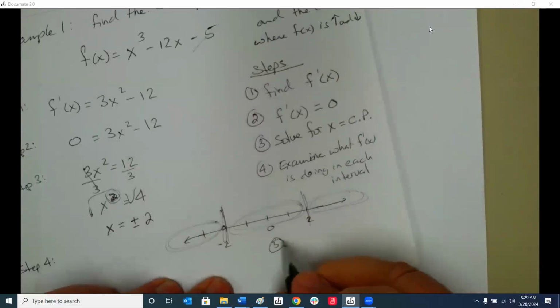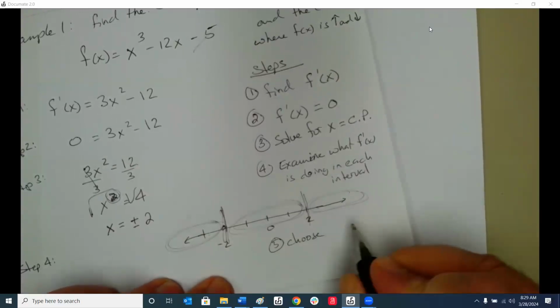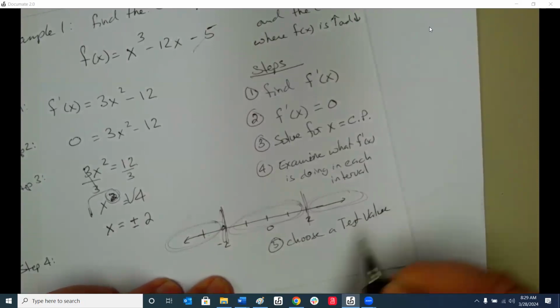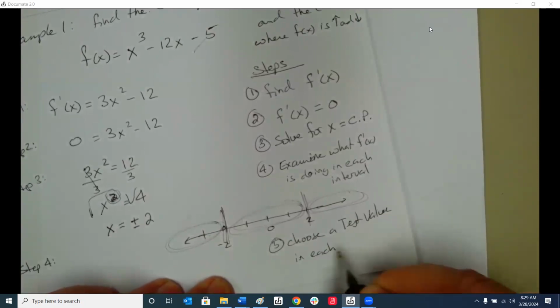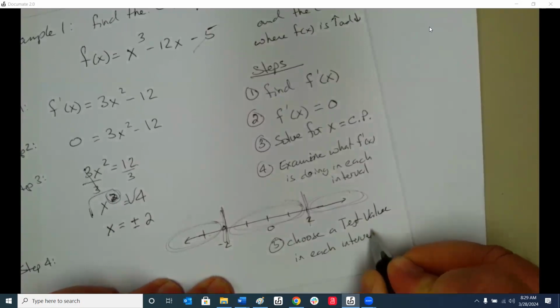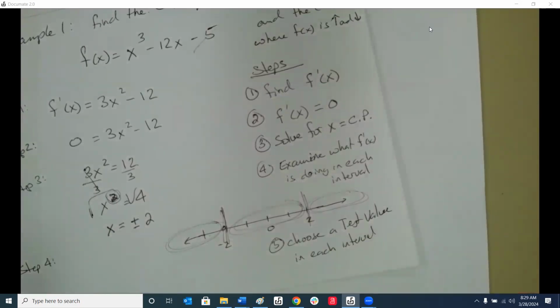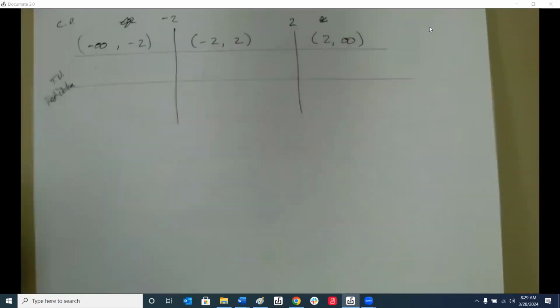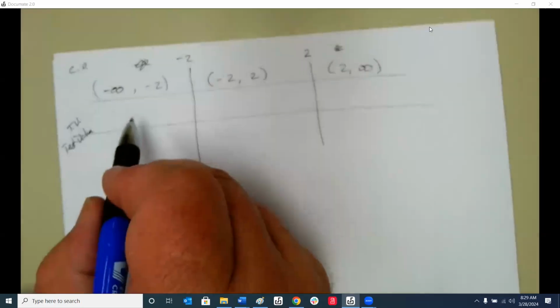This is step 5. Step 5, choose a test value in each interval. So pick a point in this first interval.